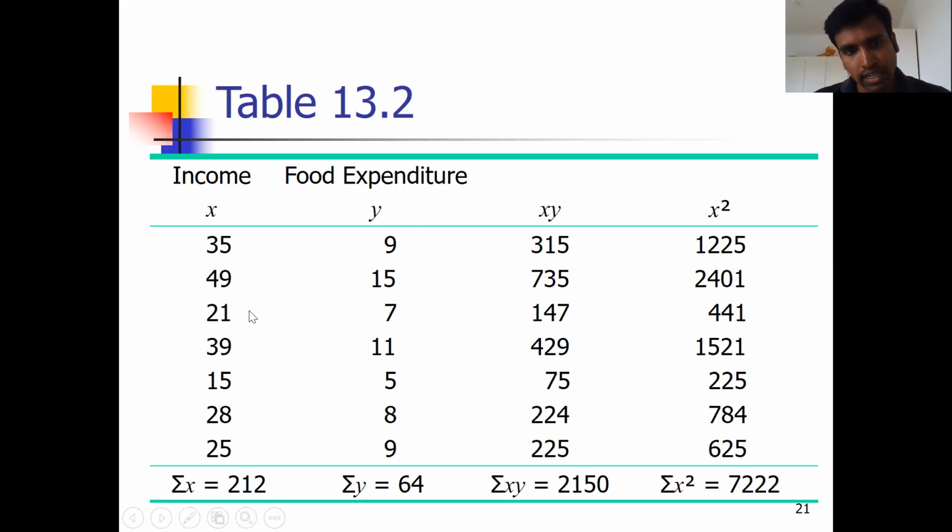But if you're trying to predict for a person who earns like $1,000 per month, your model will not work. Why? Because the observations that you had only had a minimum value of 15 and a max value of 49. So the range is just 15 to 49.